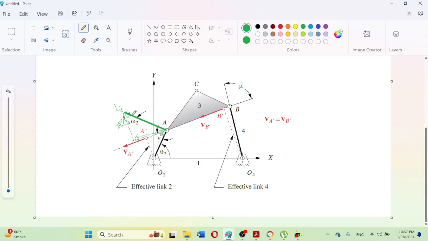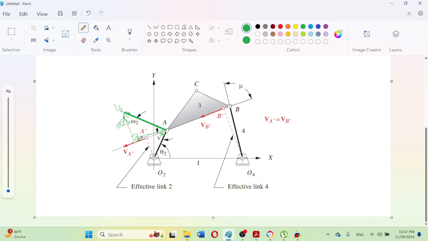Because the angle here again is 90 degrees, this is a right triangle, since the vector has been resolved into two components, one along the coupler link and one perpendicular to the coupler link.